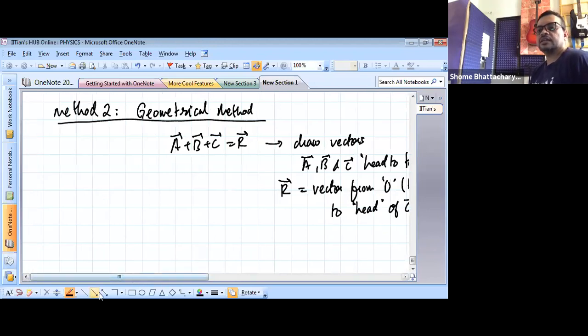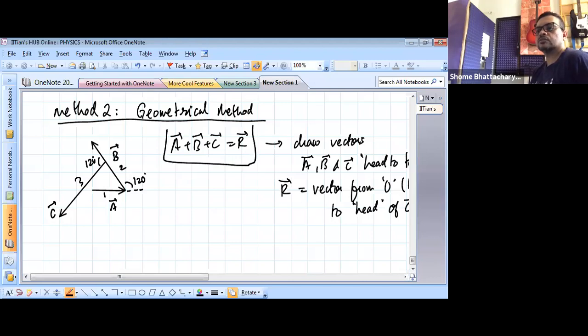So we had seen earlier that our vectors were actually like this. This was the vector E. In comparison, the vector B was like this. In comparison, the vector C was something like this. Magnitude 1, 2 and 3. This angle was 120. This angle was 120. So now let us draw them in this way so that we can find this out.